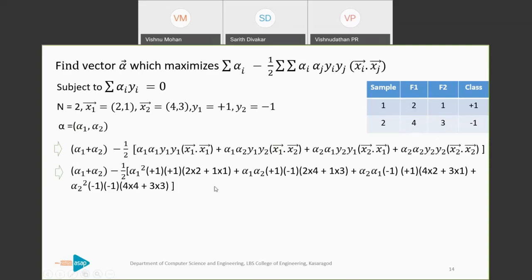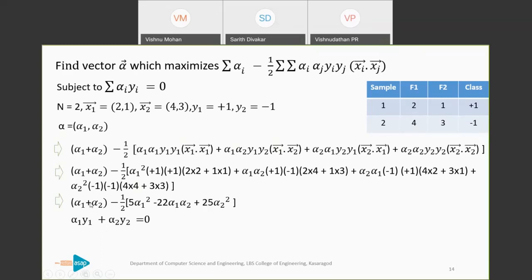When I simplify it, I'll be getting alpha 1 plus alpha 2 minus 1 by 2 into, 5 alpha 1 square minus 22 alpha 1 alpha 2 plus 25 alpha 2 square.